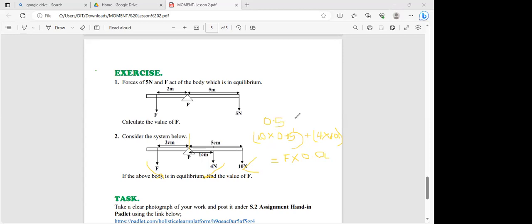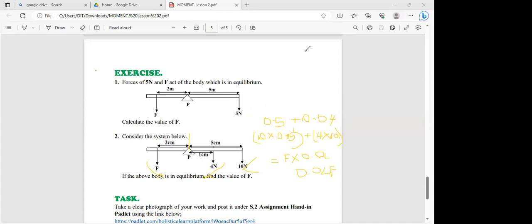Then we will add on the 0.04, and this side which has F will be 0.02 F. So you realize that if you add 0.5 and 0.04, you'll be getting 0.54.